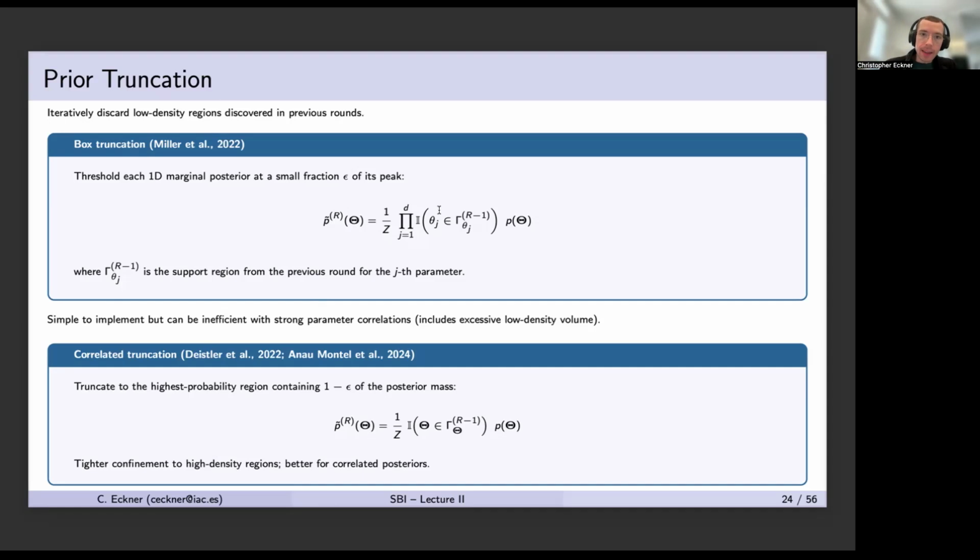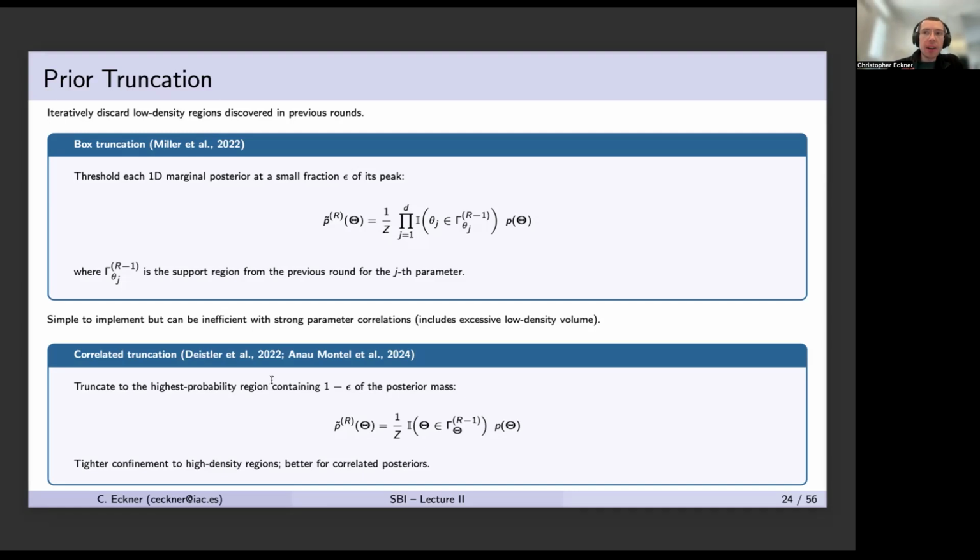And this is basically expressed by this formula here. So you would retain only those spaces in your original prior range where your posterior predicts a probability above a certain threshold. And the threshold should be defined by you. What should be the threshold? Well, it depends a bit on the output of your posterior, but if the posterior is something like a Gaussian, then a 5 sigma cut is safe.